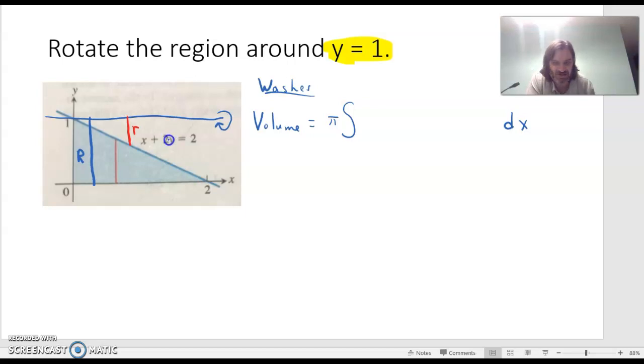So let's go ahead and take our thing here, which is x plus 2y equals 2, and let's solve it to get y by itself. So we'll have 2y equals negative x plus 2, and then we'll have y equals negative 1/2 x plus 1. So that's another name for the line cutting across there.